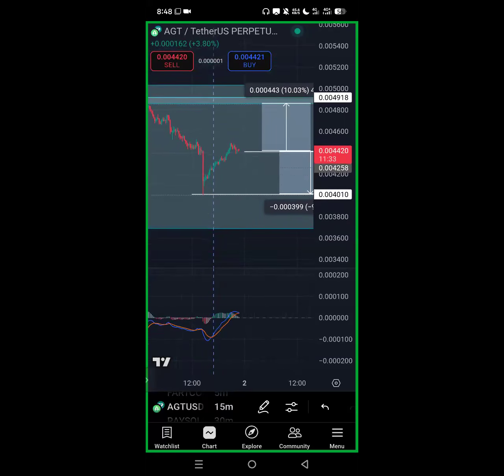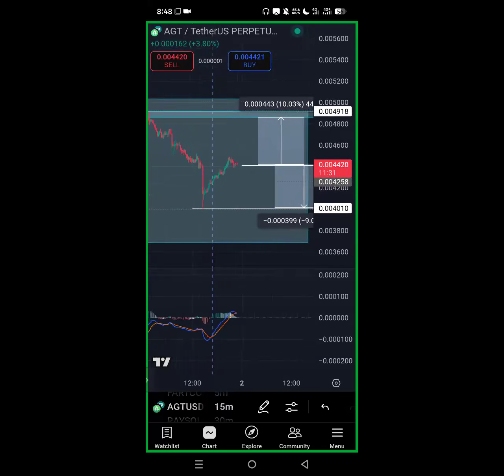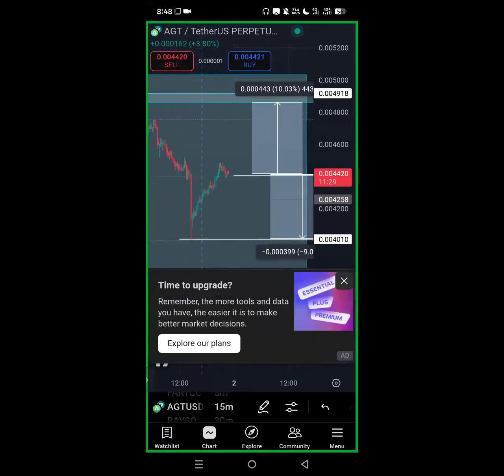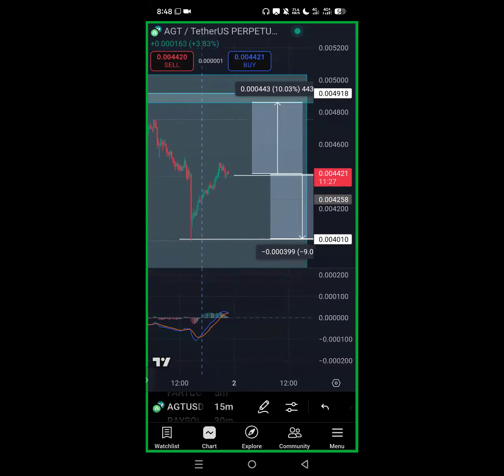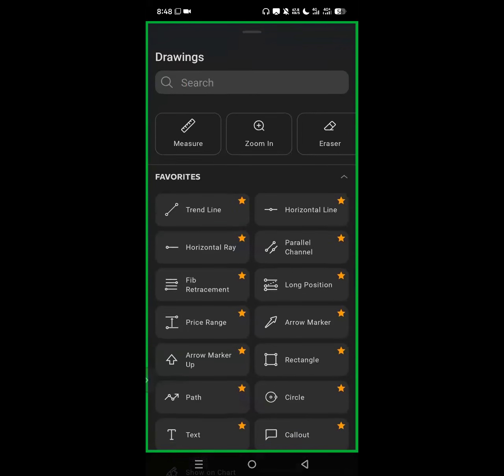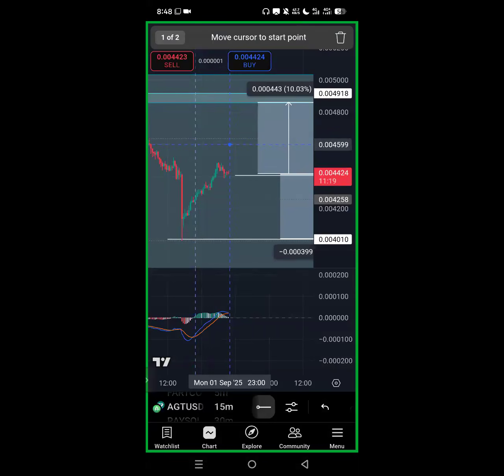But what I would advise is you could make entry at current price and establish what you call mini support levels.